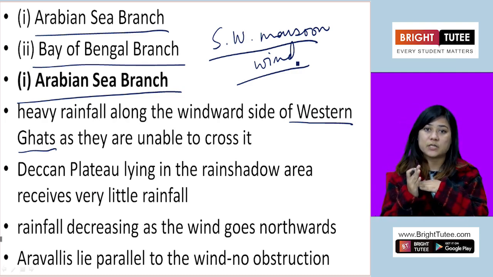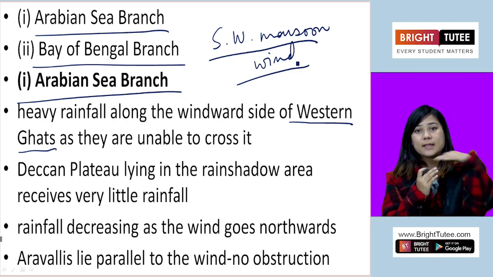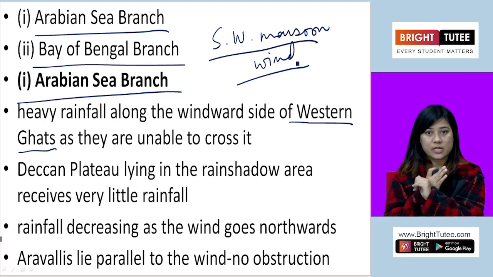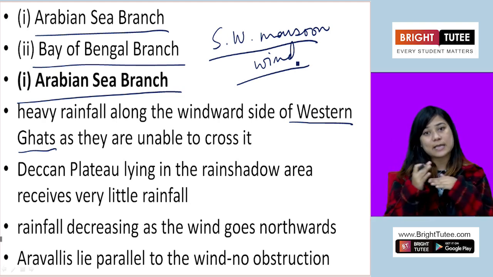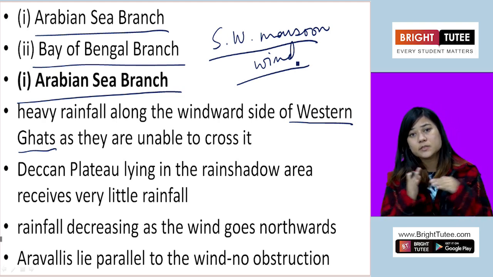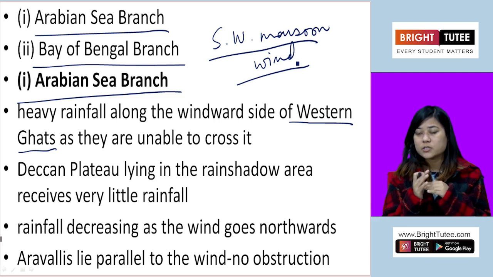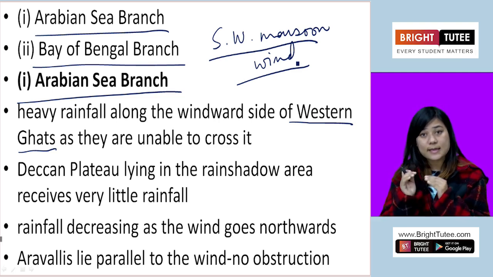They are heavy winds. They are moisture laden, they are heavy, so they cannot go up and cross the hill and then go down the slope again. They can't do that. So only the windward side, the side where the wind comes in direct contact first with the Western Ghats, is where the rainfall is experienced.